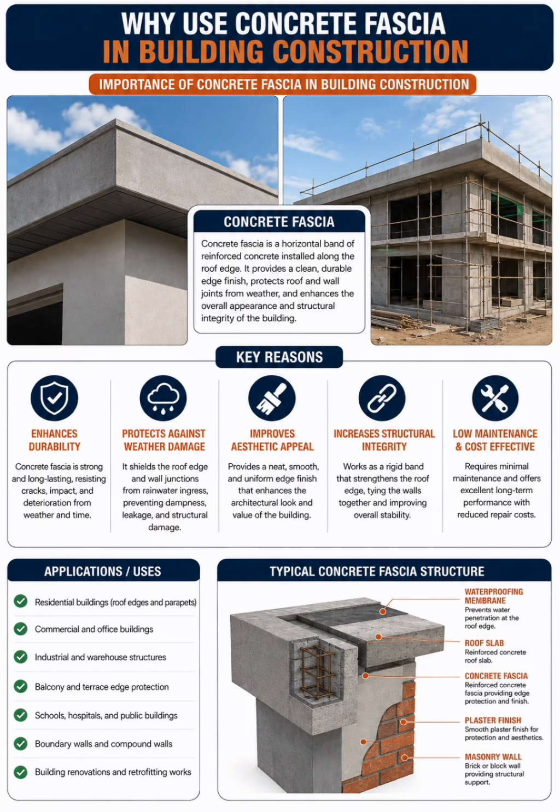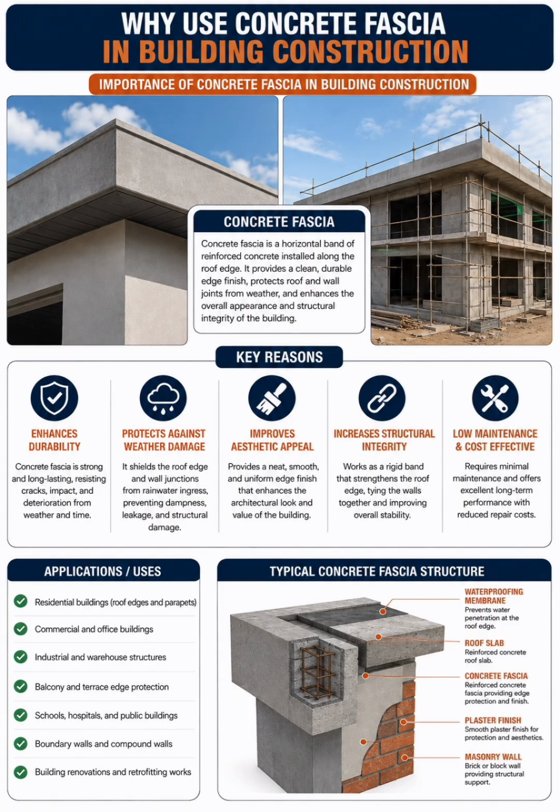Then we also took a look at the application areas where concrete fascia is applied. We talked about industrial and warehouse structures, balcony and terrace protection, boundary walls and compound walls, building renovation and retrofitting works.